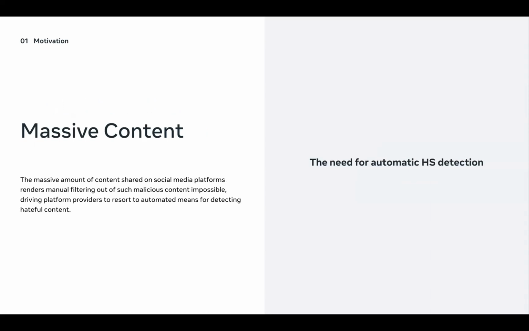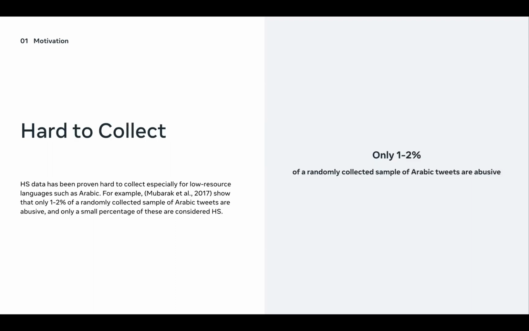Also, the massive content shared on social media platforms renders manual filtering of such malicious content impossible, driving platform providers to resort to automated means for detecting hateful content. Therefore, in order to have automated means, we need to have good machine learning systems that detect hate speech.